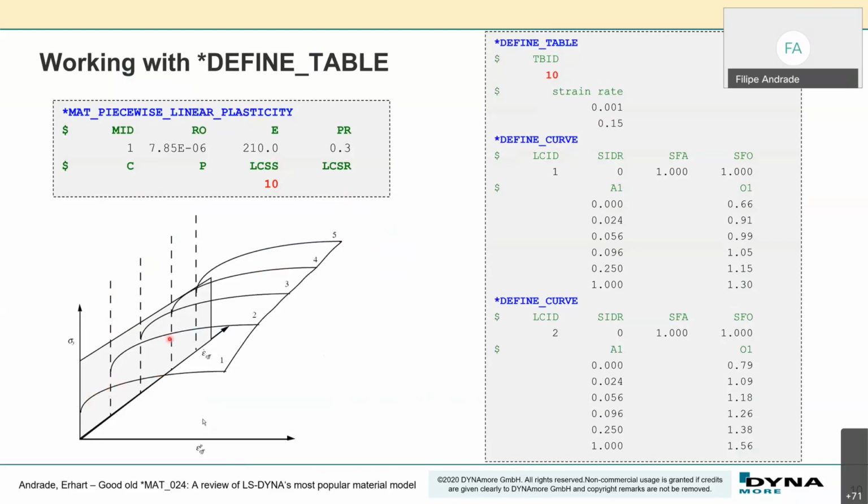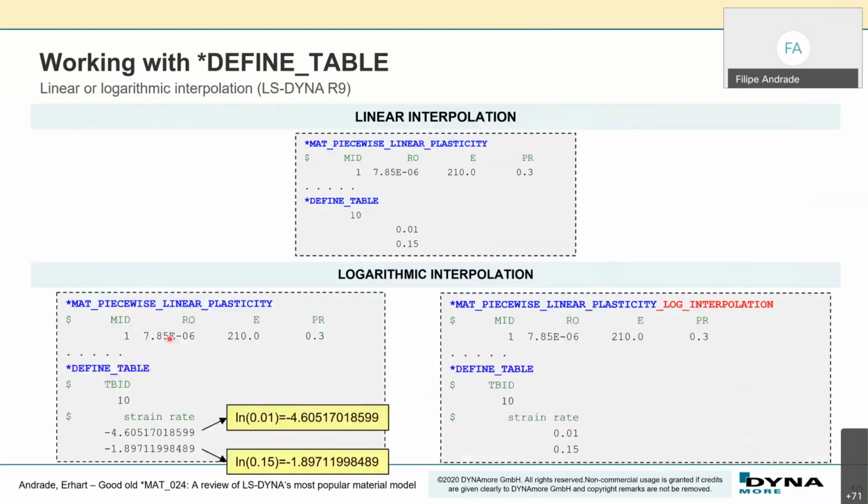Well, in the strain rate direction, you have basically two options in LS DYNA. You can either interpolate it linearly, or you can interpolate logarithmically. You have both options. And I summarized here in the slide how you do this. If you want to use the linear interpolation, all you have to do is use here MAT piecewise linear plasticity.